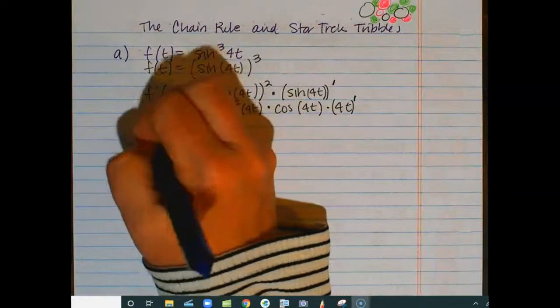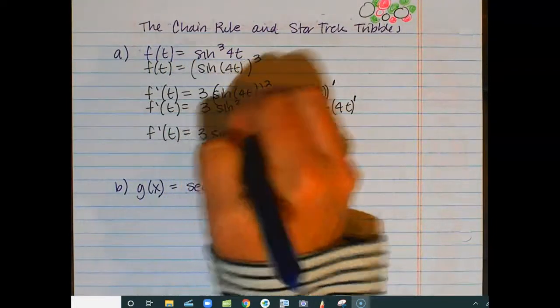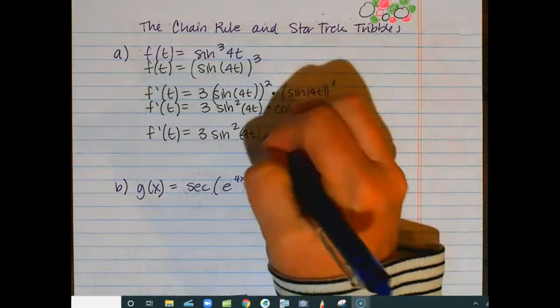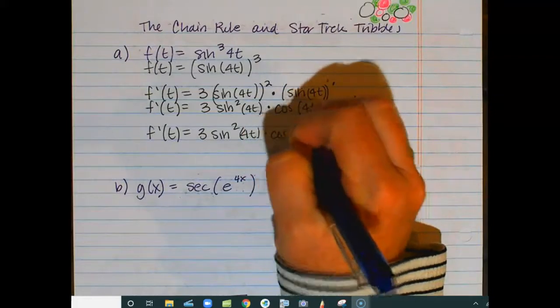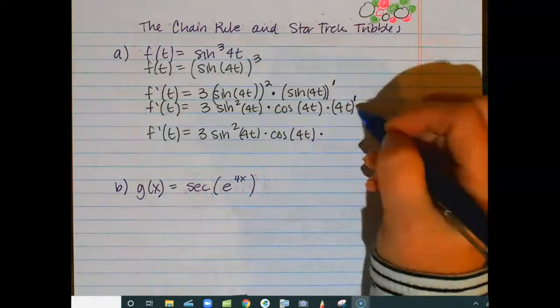So now I have f prime of t equals 3 sine squared of 4t times cosine of 4t times the derivative of 4t is 4.